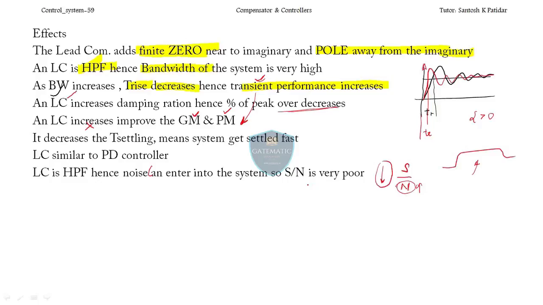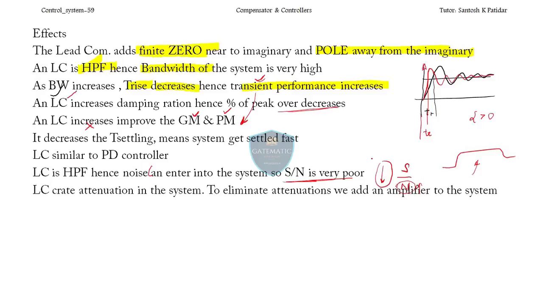For any system the desired quantity is that the signal to noise ratio should be very high, but here it's very poor. So this is a disadvantage of the lead compensator, that the system is going to be affected by noise.